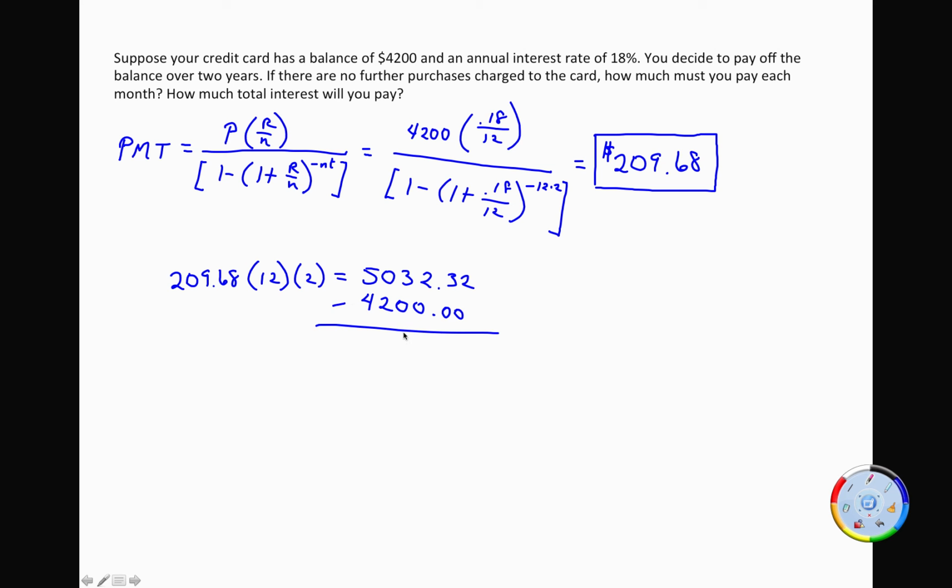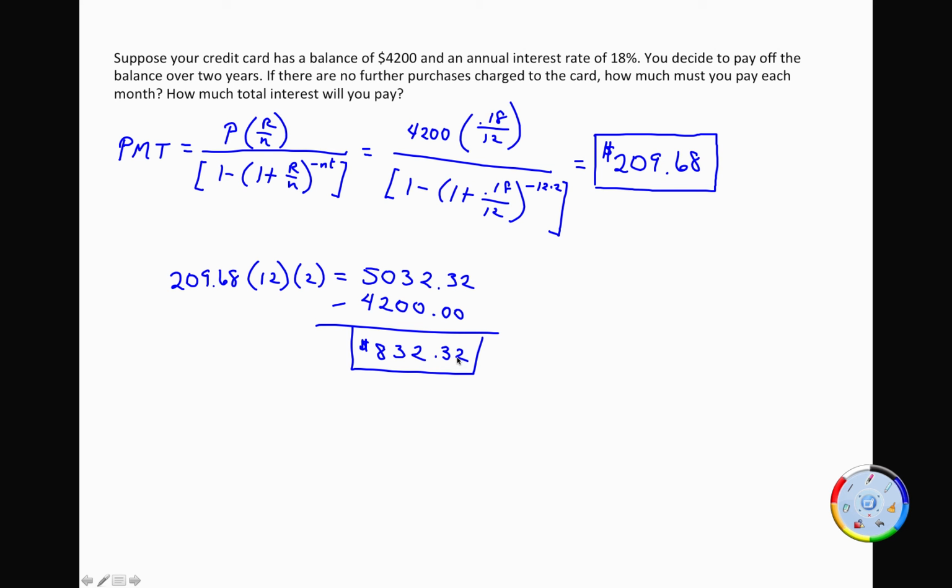So the difference in those must be interest. So $832.32 interest.